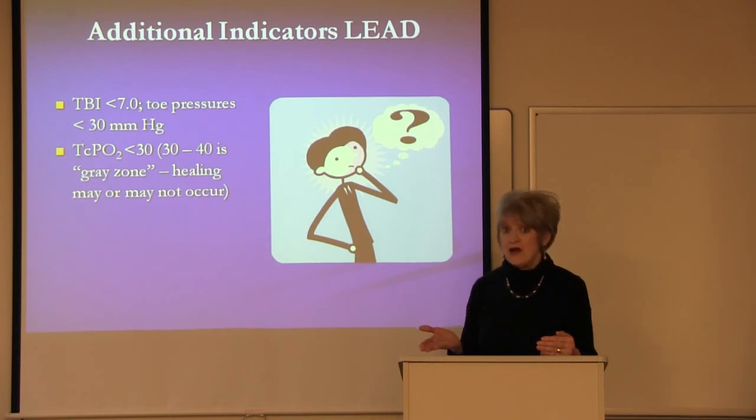When we talked about the level of oxygen required for healing, we said normally it was about 40 millimeters or higher. As you drop below 40, your potential for healing drops also. As you drop below 30, it's very unlikely that you will heal. So TCPO2 can be helpful.